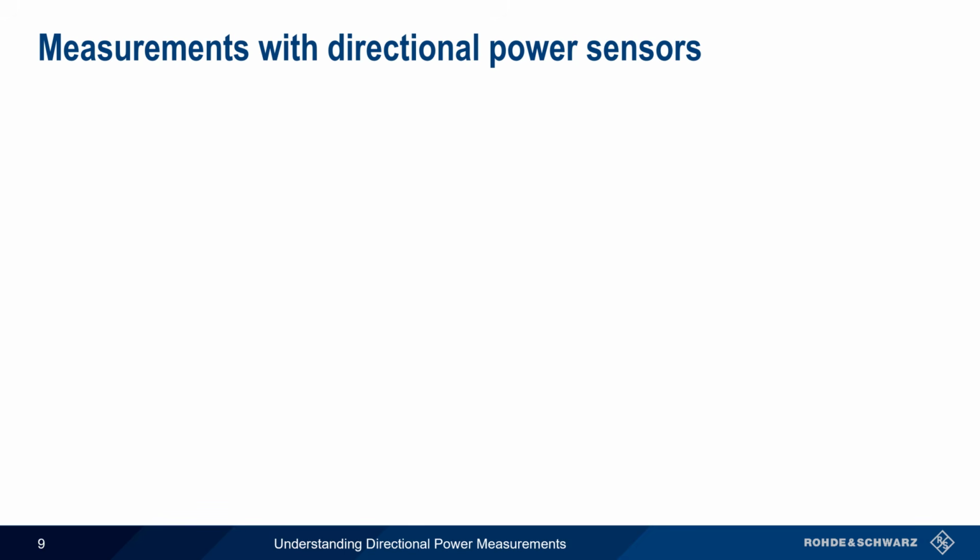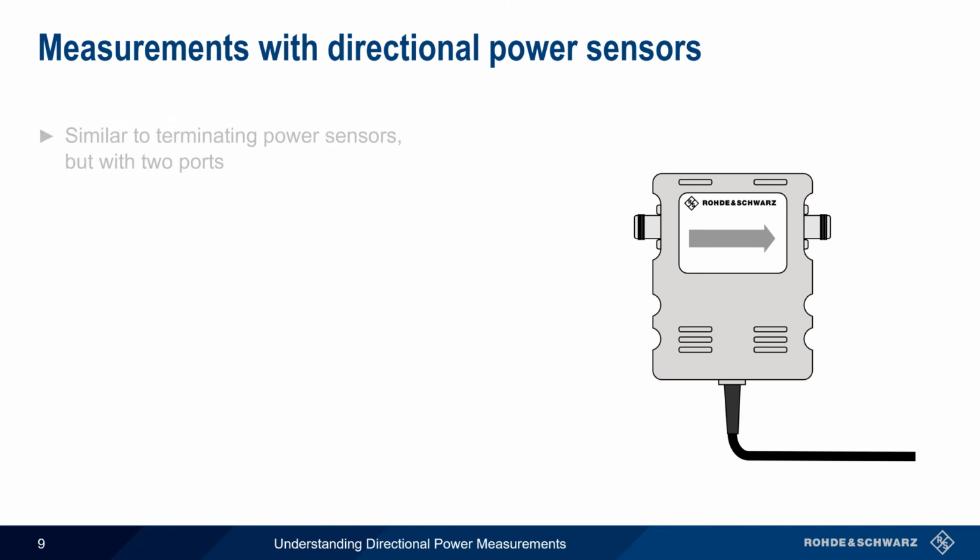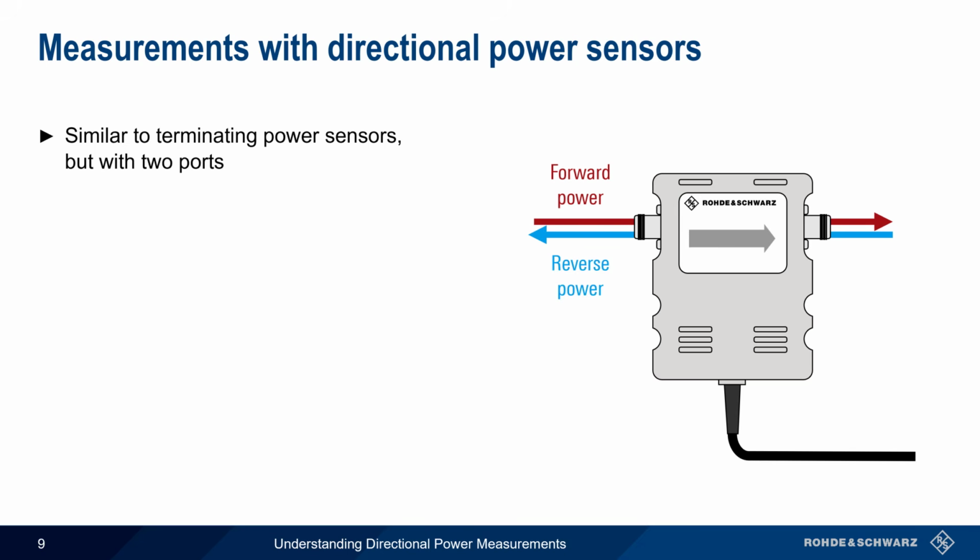The last category of measuring devices we'll look at are directional power sensors. These are similar to terminating power sensors, but have two ports, enabling them to measure power in both directions simultaneously. These types of sensors also provide both the highest accuracy and the greatest flexibility when making measurements of directional power.